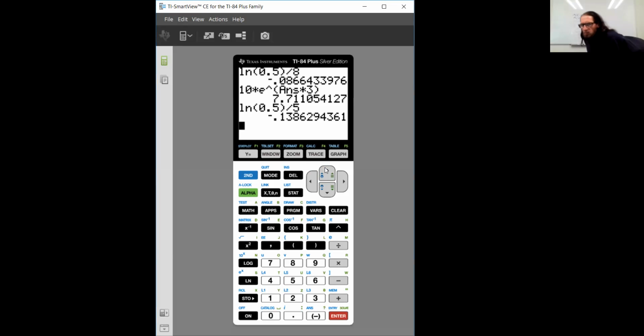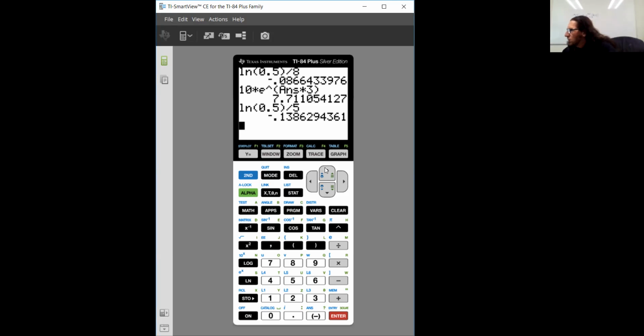So we're getting K is approximately negative 0.13862, 94361. And I'm not going to round that. I'm going to keep that as precise as the calculator was able to give it.